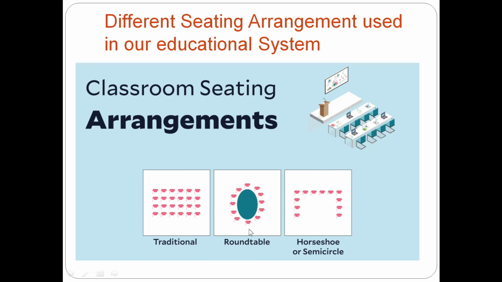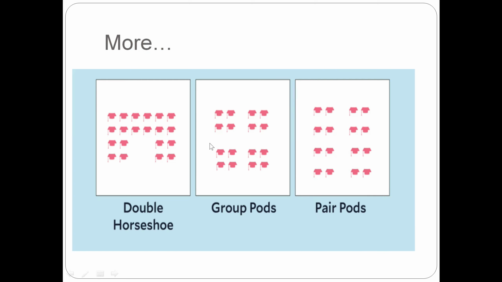A round table, which happens very often in schools. Horseshoe or semicircle is also a classroom seating arrangement. We have three more here. Just look at this picture. It is a double horseshoe. This is group pods and this is pair pods.